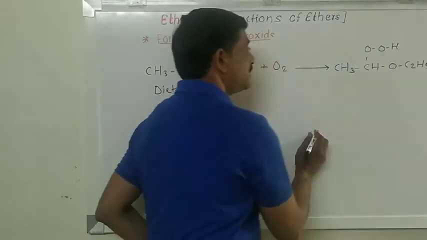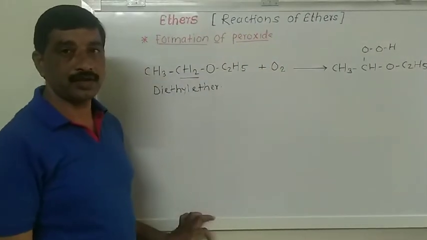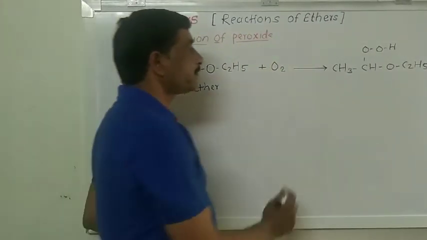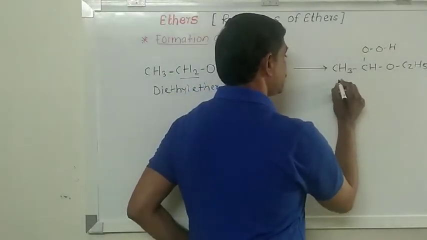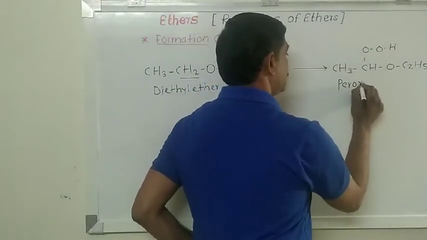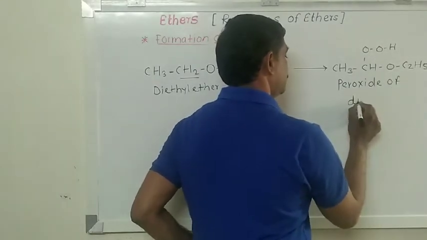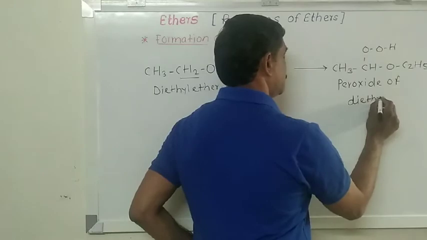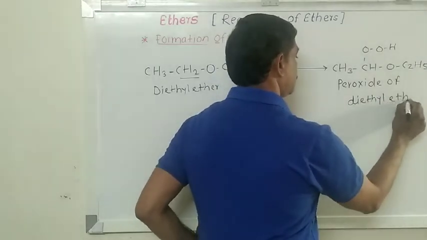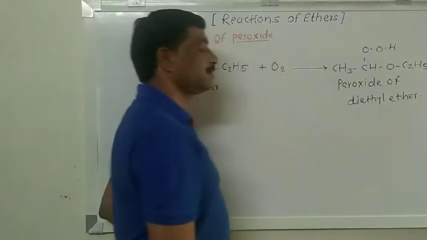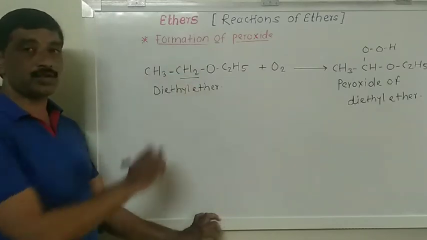So this reaction is known as the peroxide formation reaction of ether. The name of this compound is peroxide of diethyl ether. So this is the first reaction, formation of peroxide.